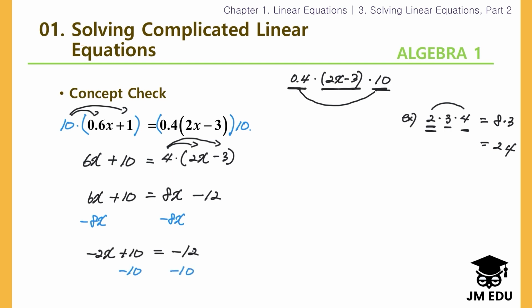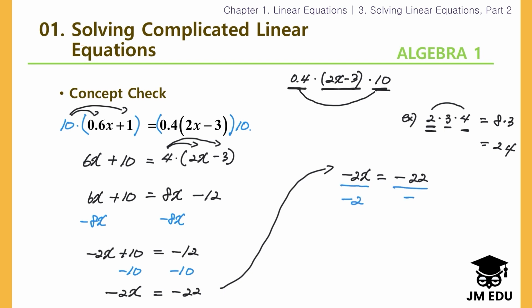So that's going to be minus 2x is equal to minus 22, right? Now divide each side by negative 2. That gives us x is equal to, well, negative divided by negative, positive. 2 times 1, 2 times 11 is 22. So 11 over 1, that's just 11, right?